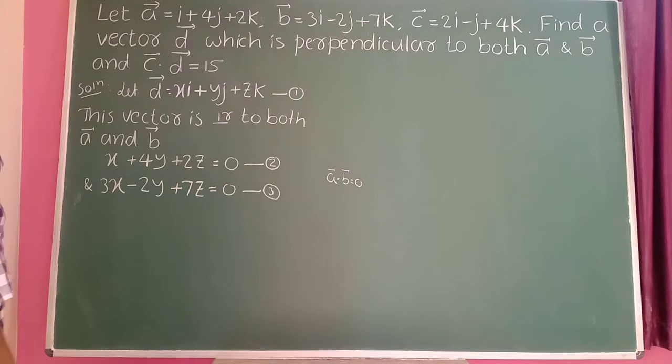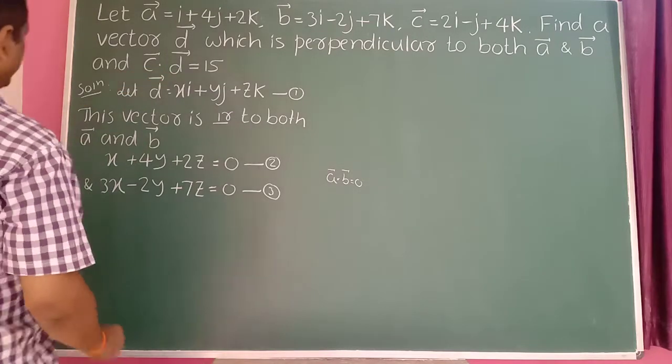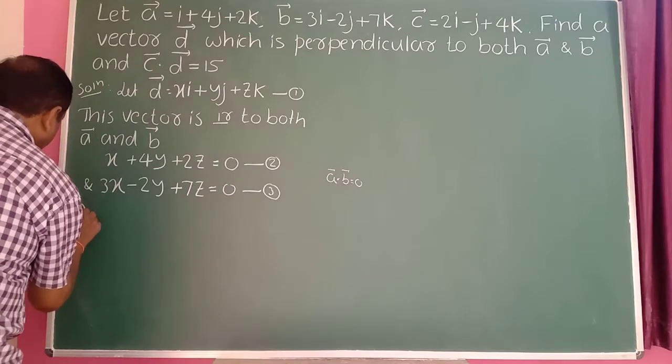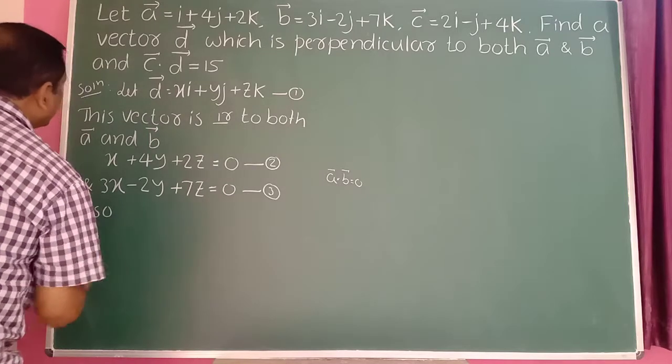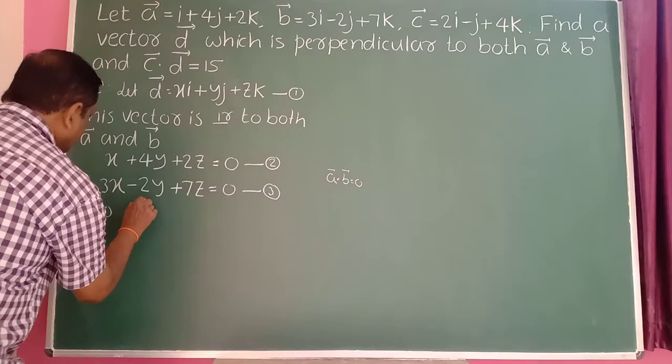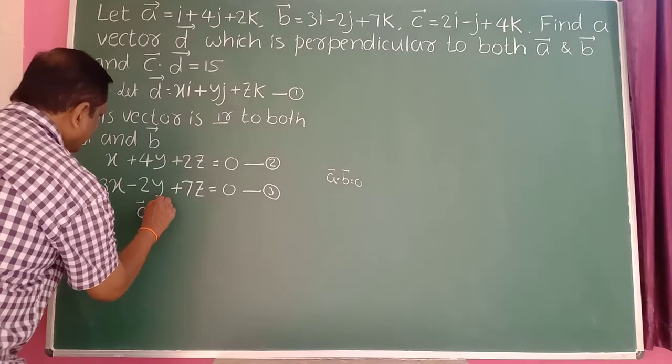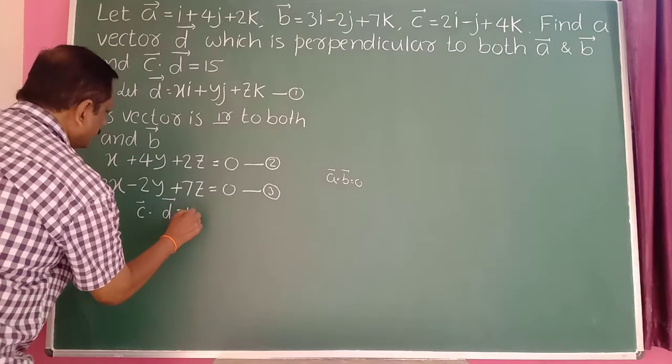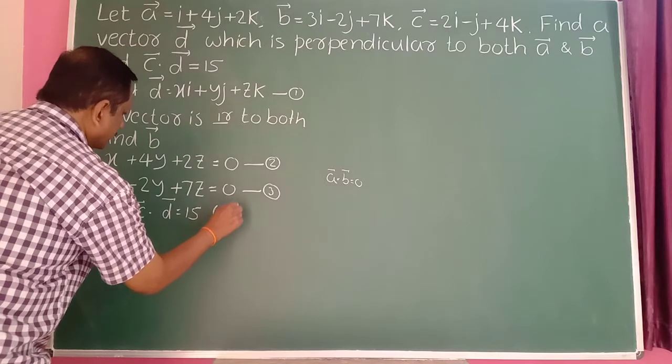Next, they give C bar dot D bar equal to 15. Also, C bar dot D bar is equal to 15, they are already given here.